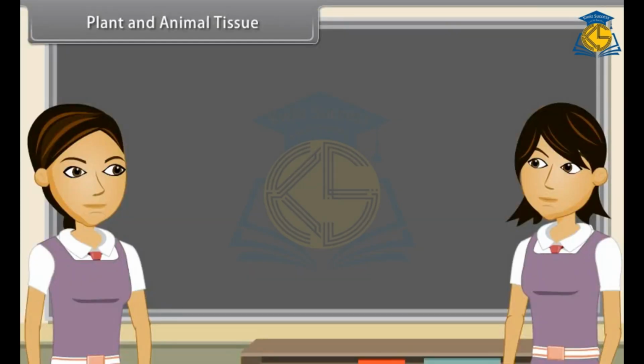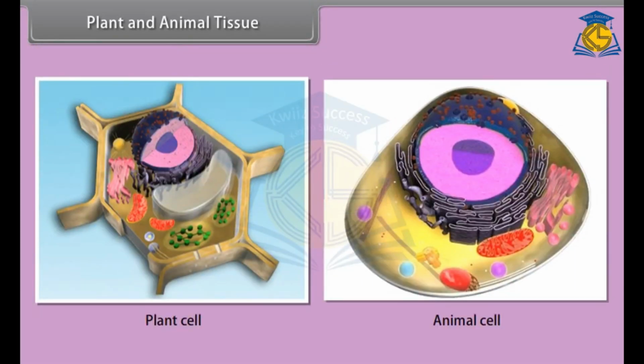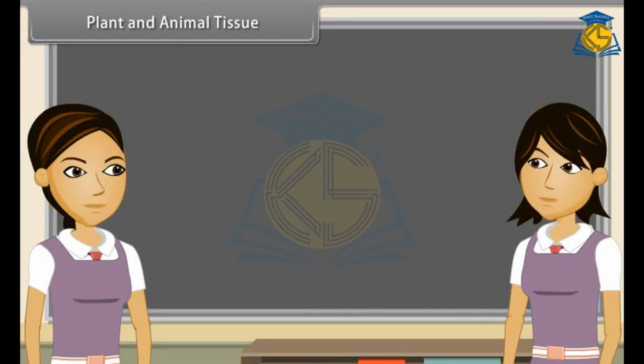Plant and animal tissue. Plants and animals both are living organisms, but their internal structures are entirely different. Can you tell me why? I know one major difference is that plants are autotrophic.